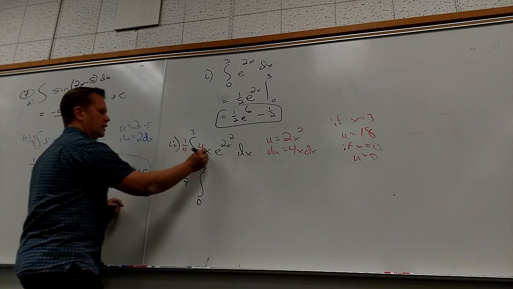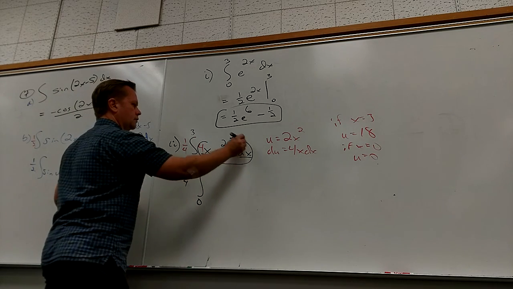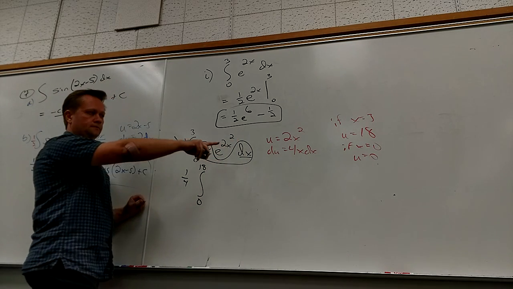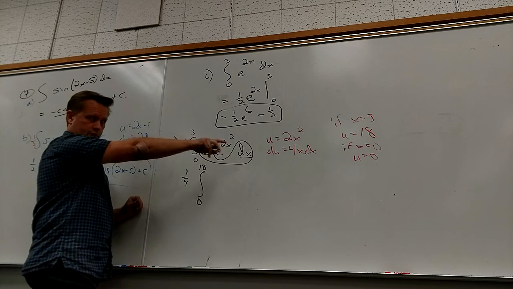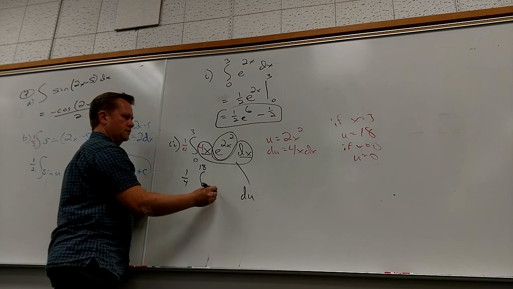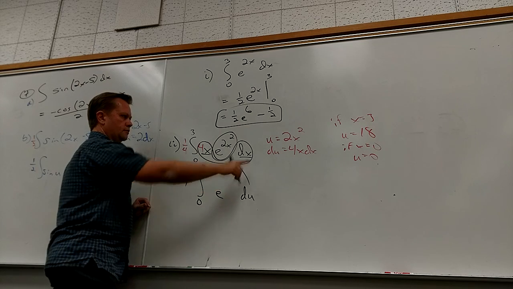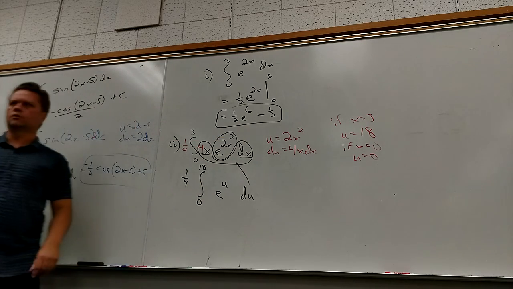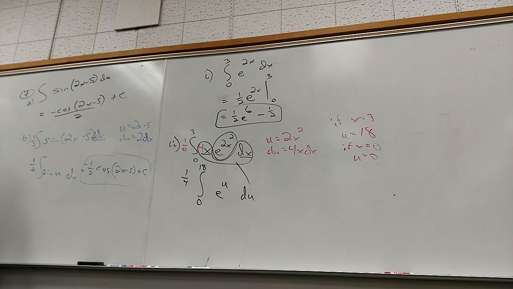What's the inside? What's 4x dx? du. And what's e to the 2x squared? e to the u. So u sub focuses your attention on the form of the problem.